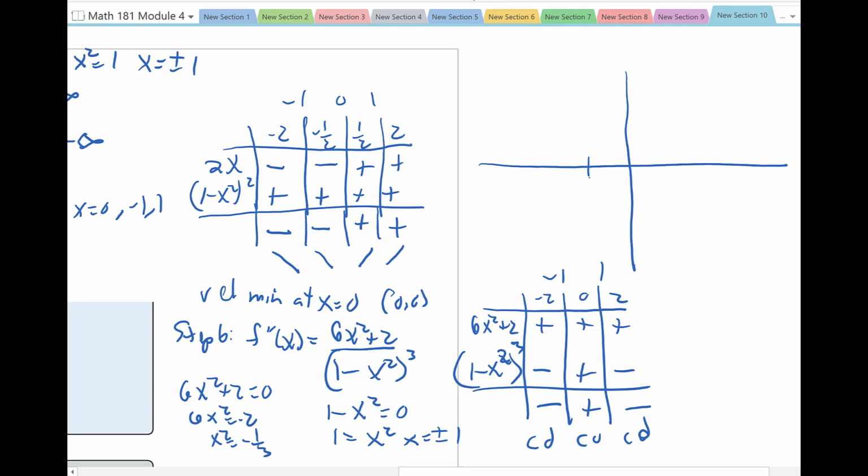And at -1 we have an asymptote, +1 we have an asymptote. We'll do those in green. Okay, so our graph looks like this.